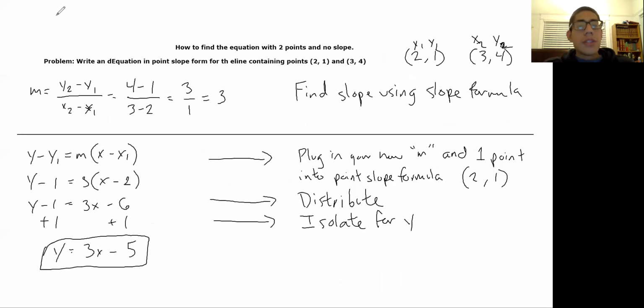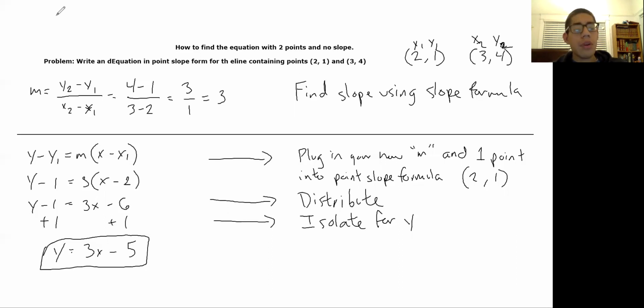Okay. All right. So the next type of problem that you're going to encounter is how to find the equation with 2 points and no slope. So what happens if they change up the problems on you and they say, okay, cool, you know how to make an equation in point slope form if you're given the slope and 1 point.